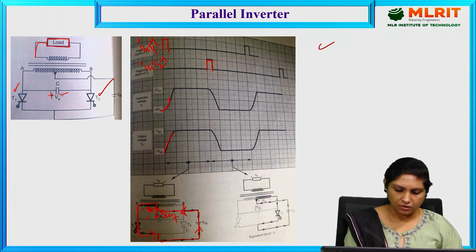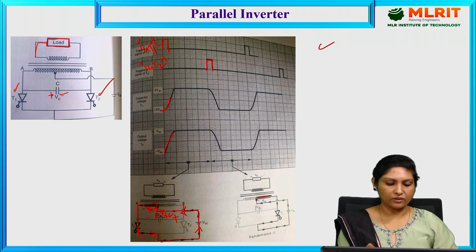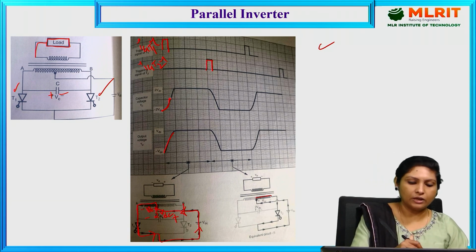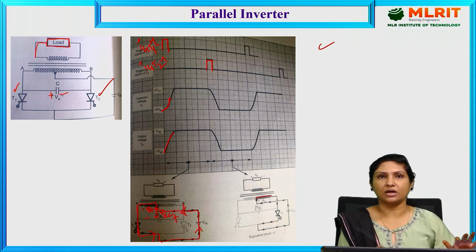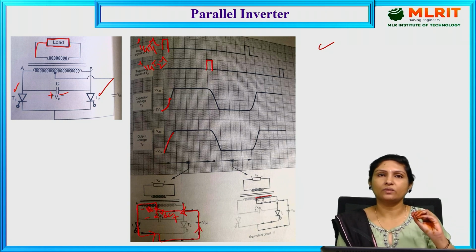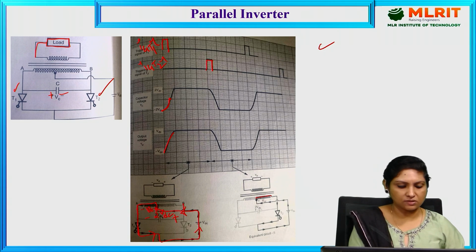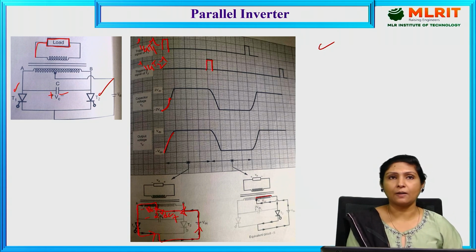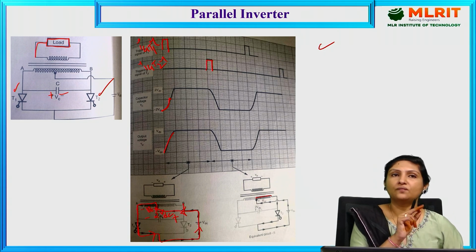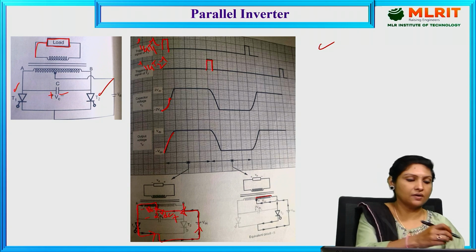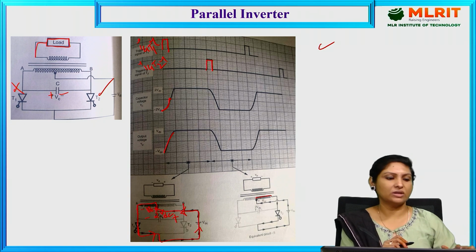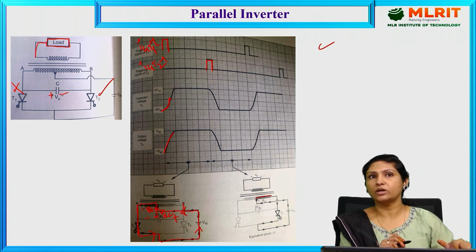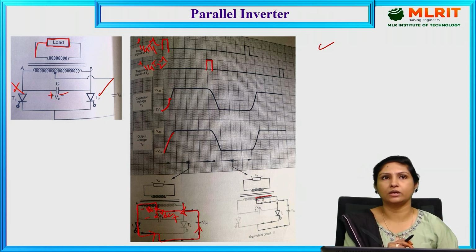Now, whatever negative voltage appears across thyristor 1, that thyristor 1 gets turned off because of this 2 VDC applied across the anode of thyristor 1. That is how thyristor 1 gets automatically turned off, and that is the only reason why we make use of a commutating component, the so-called capacitor, over here.